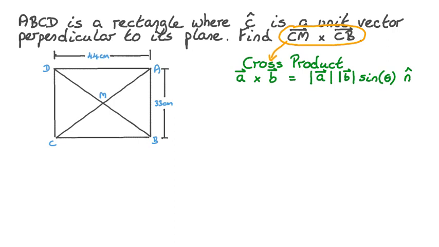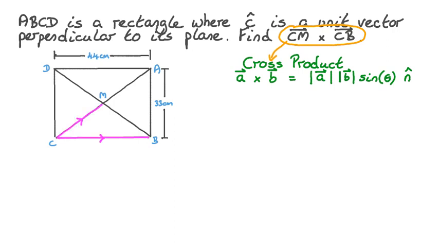Theta is the angle between the two vectors, and the unit vector n is perpendicular to vectors A and B. When dealing with a two-dimensional geometric shape, this will be perpendicular to the plane.